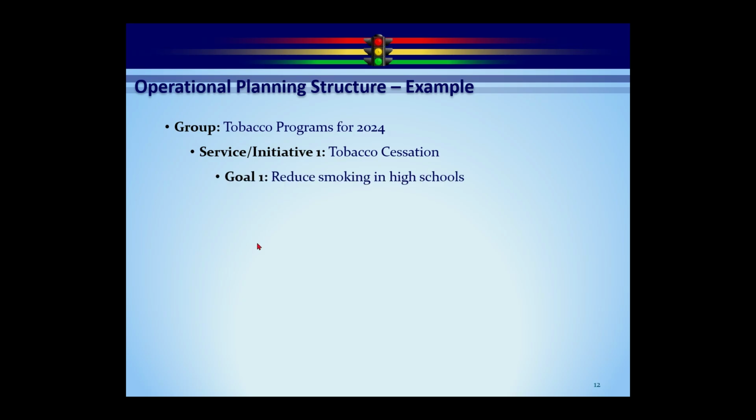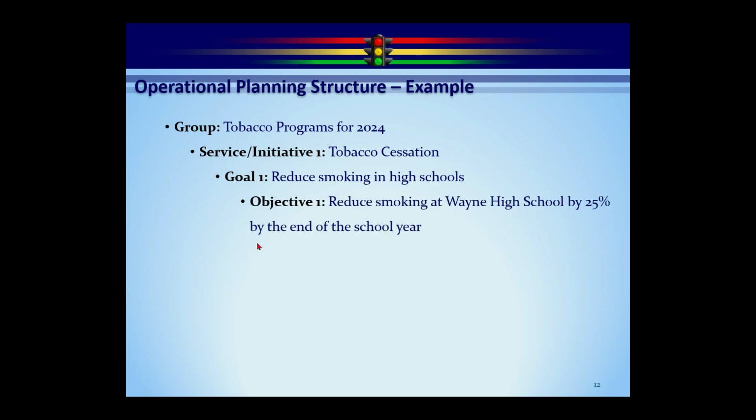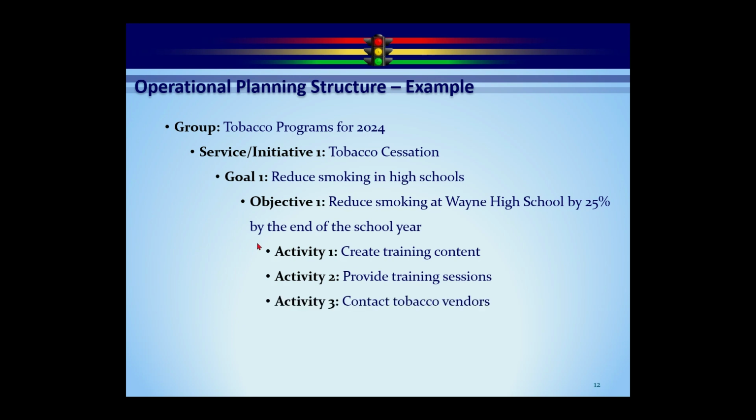Our first goal was reduce smoking in high schools. Underneath that, we had a SMART objective of reduce smoking at Wayne High School by 25% by the end of the school year. And then we had the activities. We're going to create training content. We're going to take that training content, go out and provide the training sessions. And in parallel with the training, we're going to contact tobacco vendors. So that's the one step of our plan.